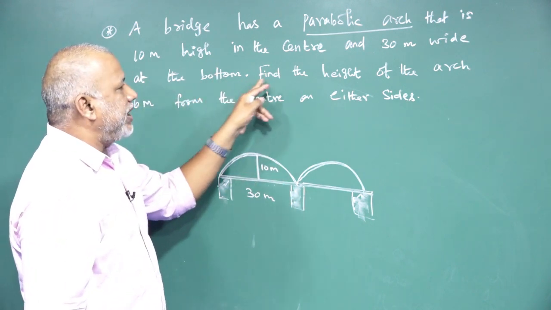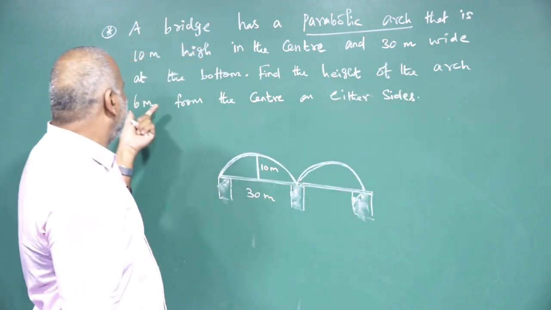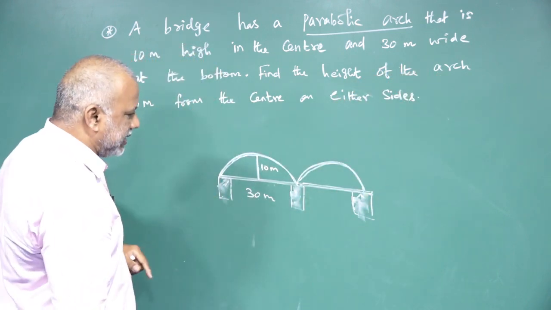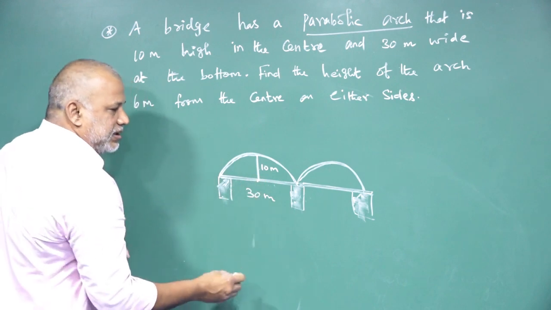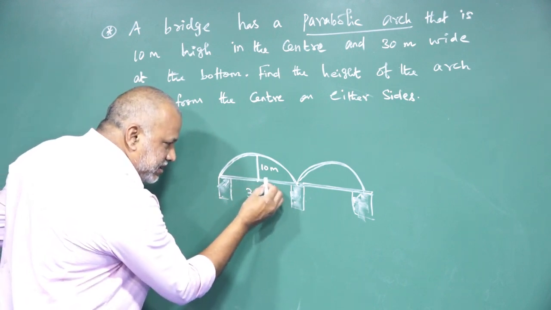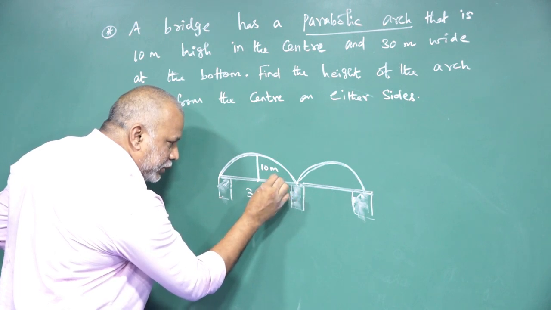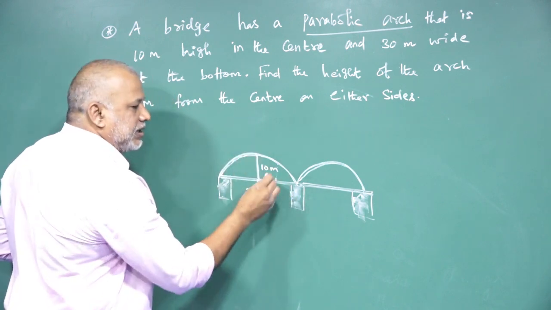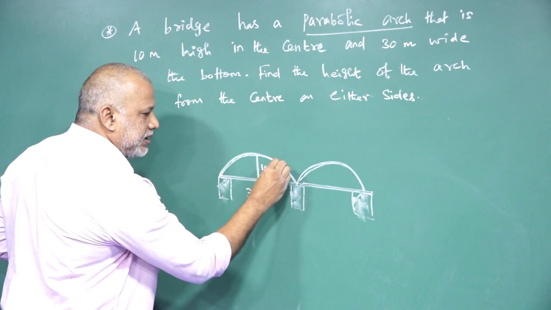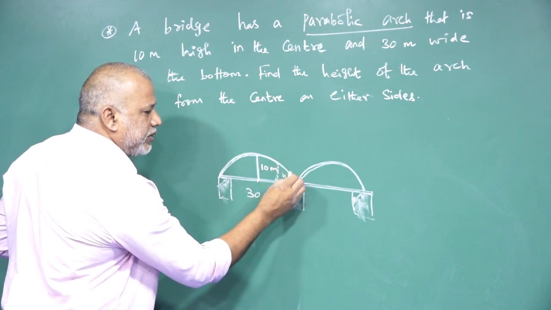At the bottom, find the height of the arch 6 meter from the center. See, this is the center. We are moving 6 meter away from the center. Now we are going to see the height of this bridge. Consider this is the height of the bridge. We are going to find it out.